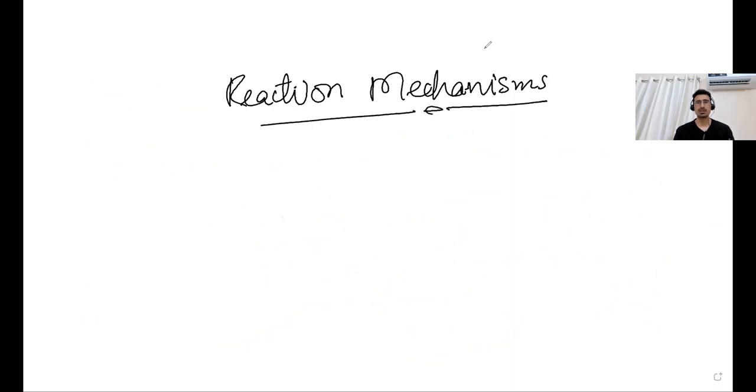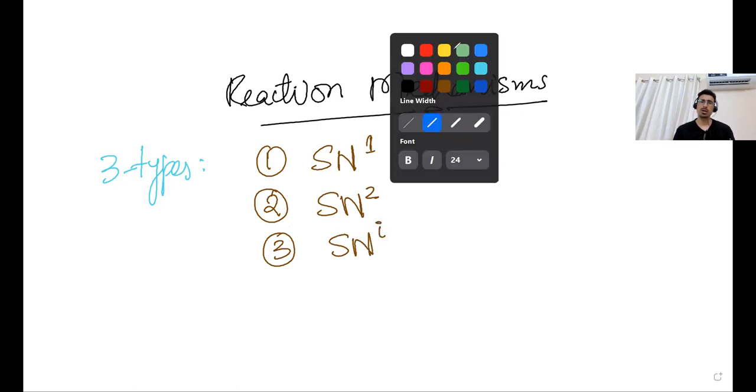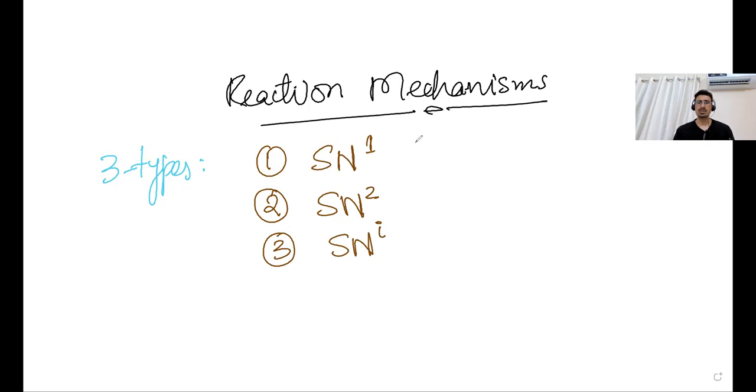Generally, there are three types of mechanisms by which a nucleophilic substitution reaction takes place. First one is SN1. Second type is SN2. And third type is SNi. What do these terms indicate?